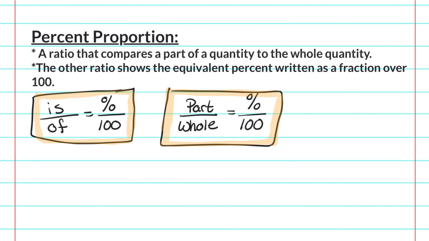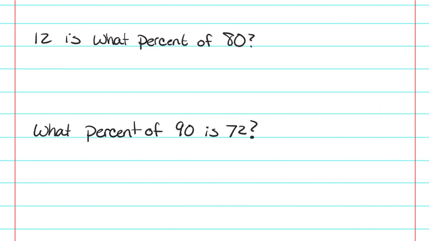Here are two examples we have, and starting with the first one, 12 is what percent of 80? So "is" and "of", again, like on the last page. 80 is the whole amount, and 12 is a portion of that, so that's my part over whole.